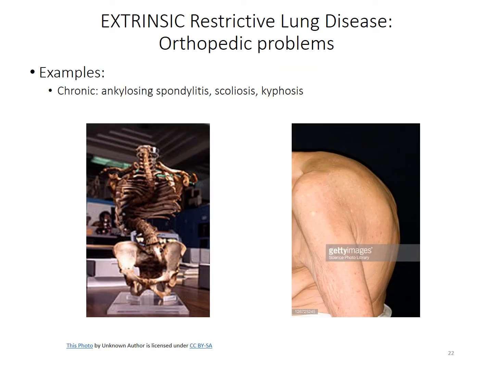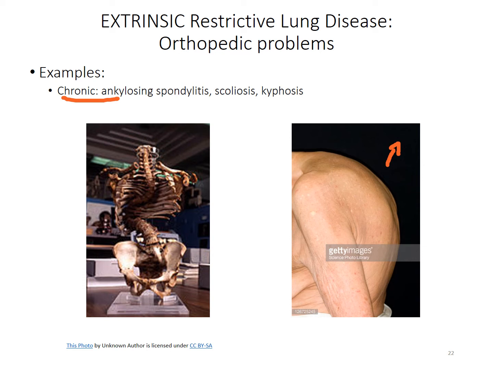So certain chronic orthopedic conditions can also cause restrictive disorders by compressing lung tissue. So here the focus is usually restoring or improving thoracic mobility, just as much as the disease process will allow us to do.